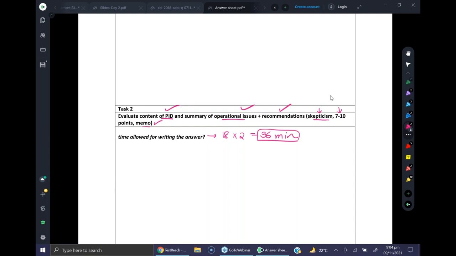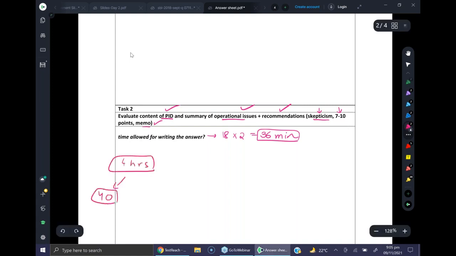Okay, tell me one thing: you have a total of 4 hours. So what's the breakdown the examiner says you should be using? How to spend 4 hours? How much time for reading and planning the requirements, and reading the exhibits? The examiner says that out of the 4 hours, 40 minutes should be spent on reading and planning, including exhibits.